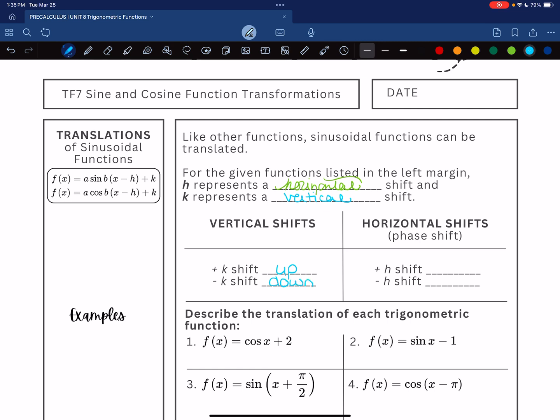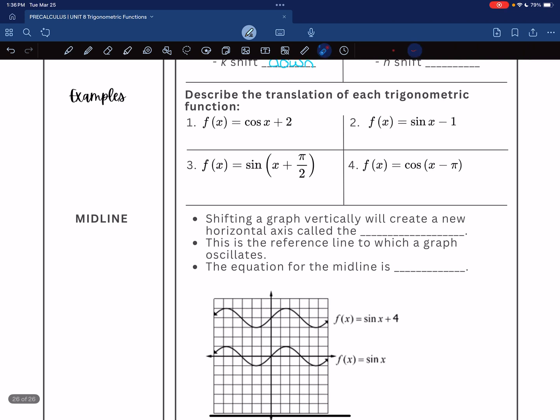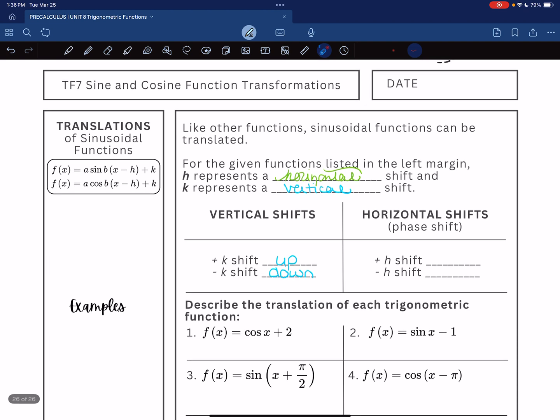That wave is going to move down. It'll no longer be oscillating around the x-axis like you see here, but it's going to move up or be oscillating down at a new axis, which we're going to talk about in just a moment.